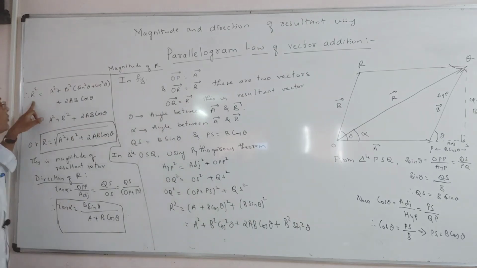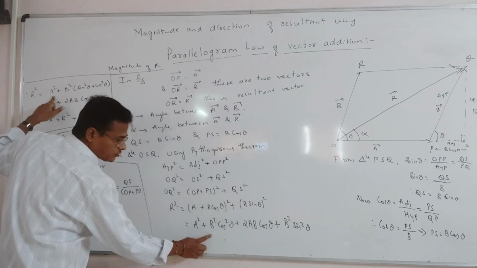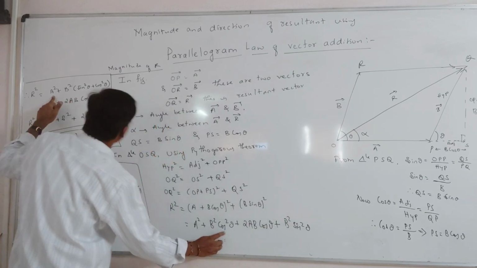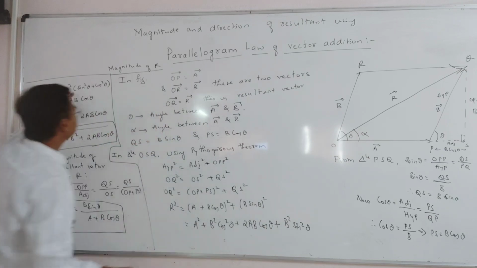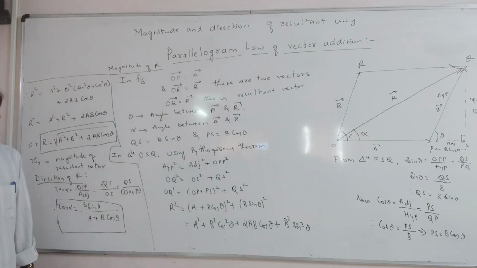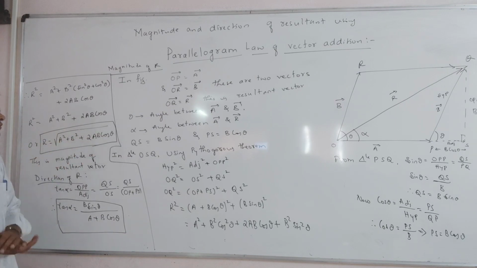So R square equal to A square plus B square, taking B square common: sin square theta plus cos square theta. Sin square theta plus cos square theta is 1. So R square equal to A square plus B square plus 2AB cos theta, or R equal to square root of A square plus B square plus 2AB cos theta. So this is the magnitude of the resultant vector.